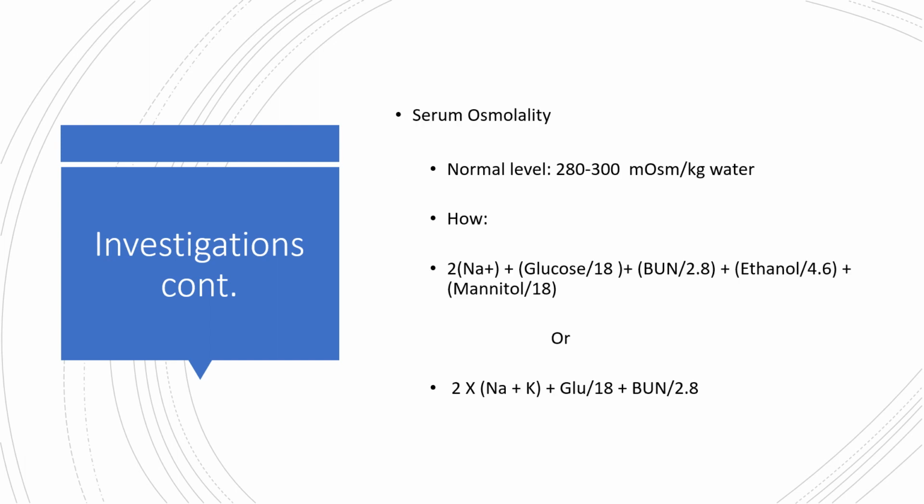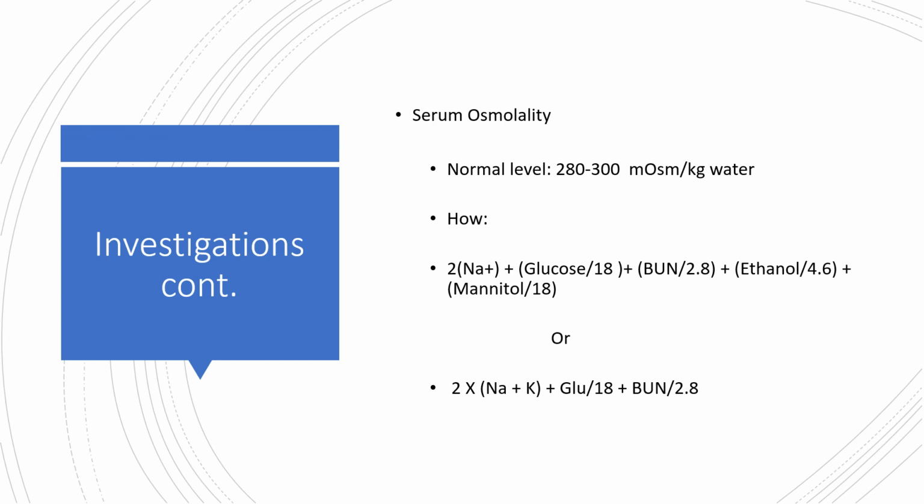Okay, we'll do something more than what we did under hyponatremia here. We'll have serum osmolarity estimated. The normal level of serum osmolarity is between 280 to 300 milliosmoles per kilogram of water. And how do we make that determination mathematically?